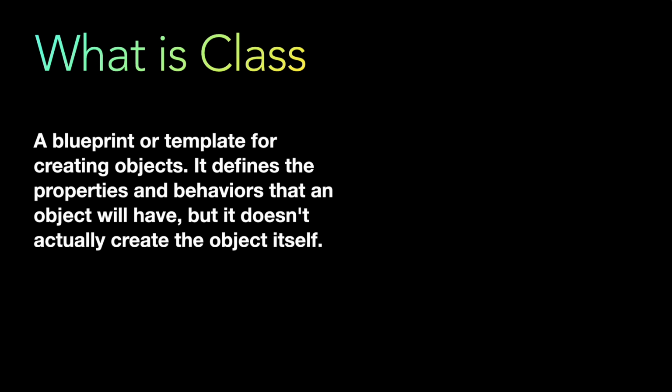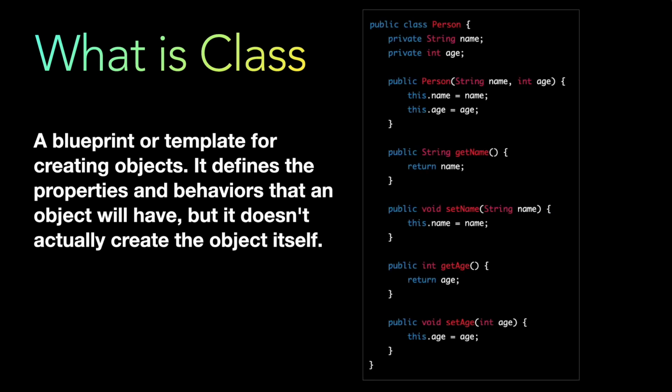It basically defines the properties and the behaviors that an object will have, but it itself doesn't actually create the object, right? So if you take an example, this is a person class. If you see this class, this is basically a blueprint of a class called person, right?